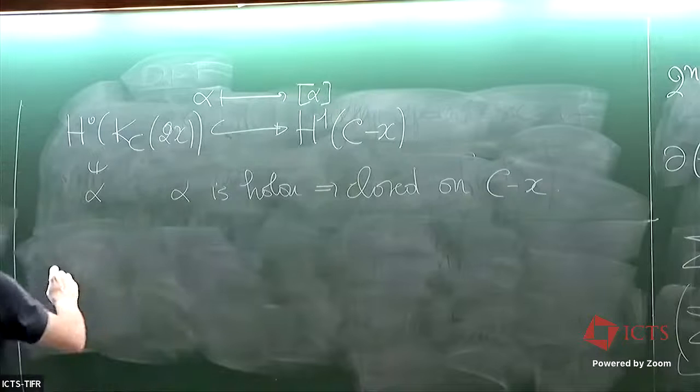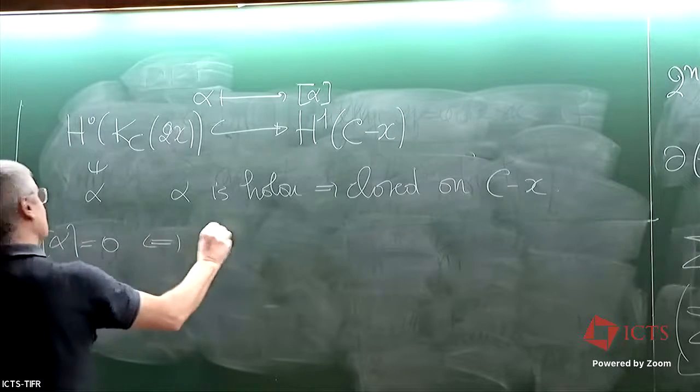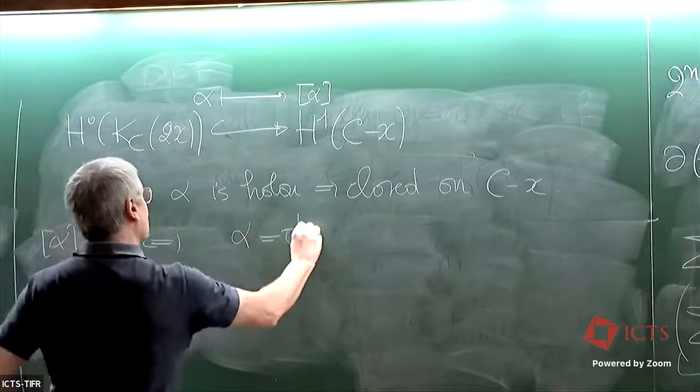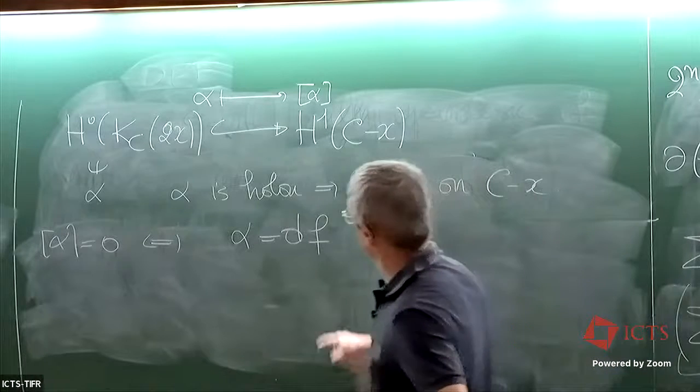And this cohomology class is trivial if and only if alpha is equal to the differential of a function. But then what happens?